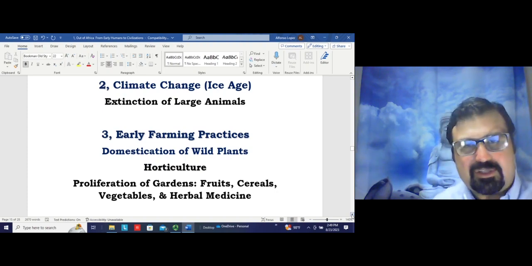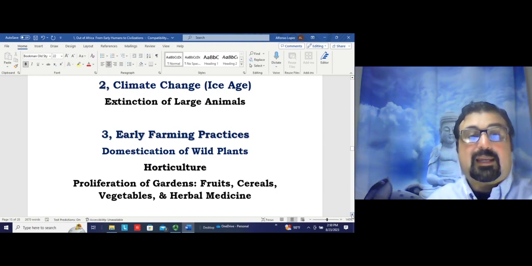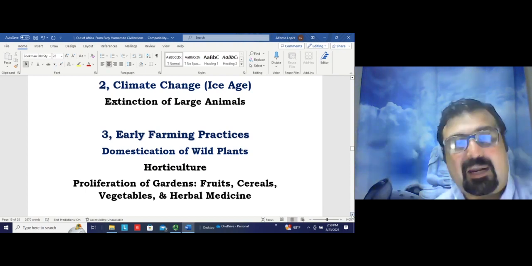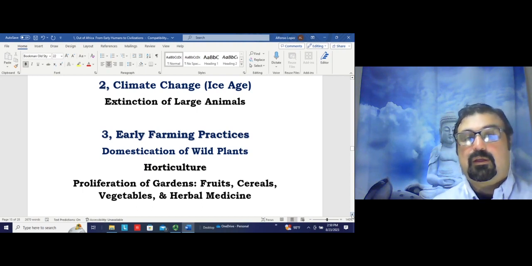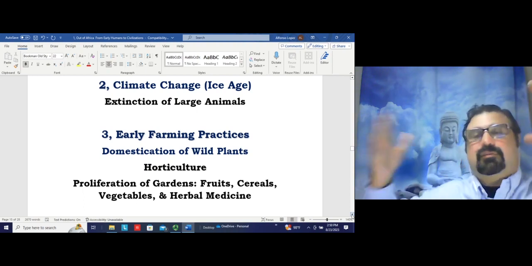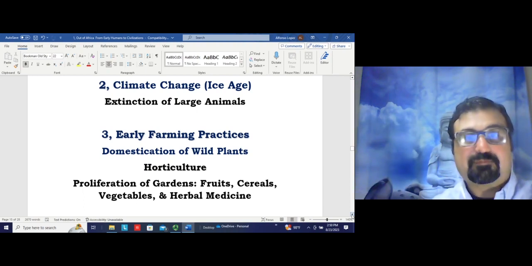There was an ice age. An ice age that was so critical that it ended up killing the large animal species of the world. So the larger animals die off, meaning that the large animals were the ones that actually provided the most food for people.